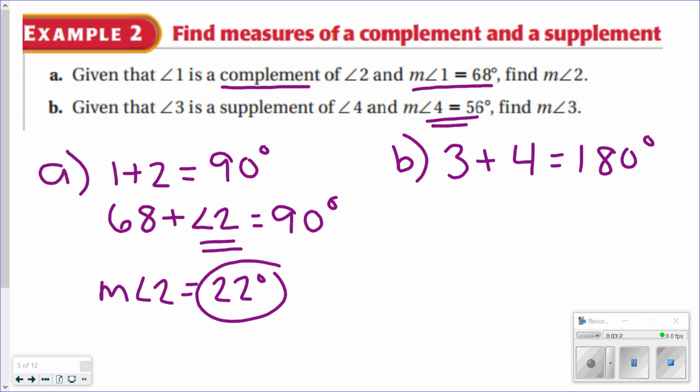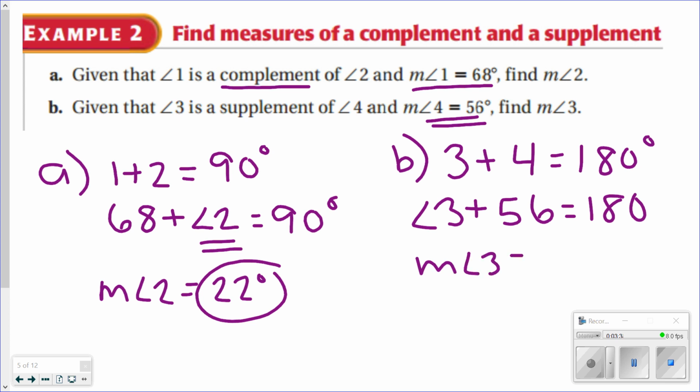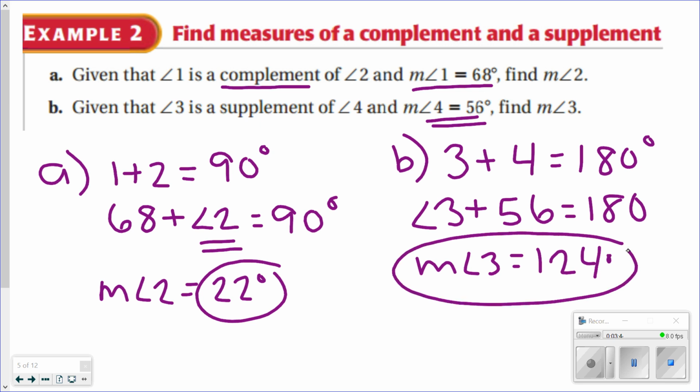This time we know the measure of angle 4, so if I want to figure out angle 3, I'm going to add 56 is equal to 180. Subtract 56 from each side, and the measure of angle 3 then is equal to 124 degrees. And I'm done.